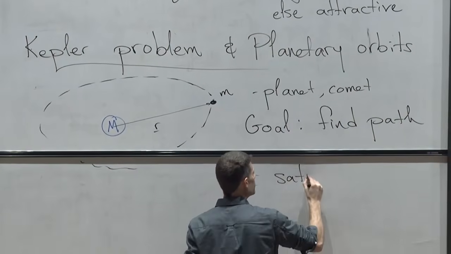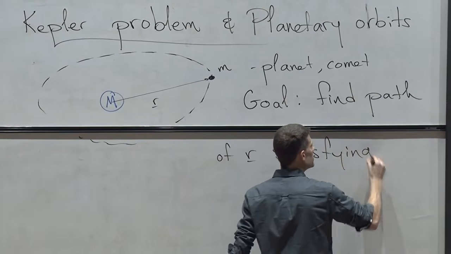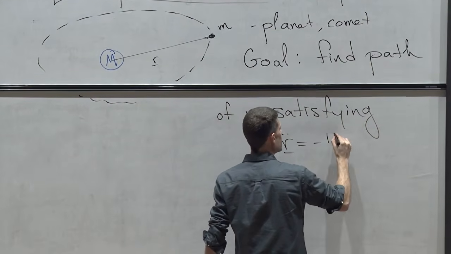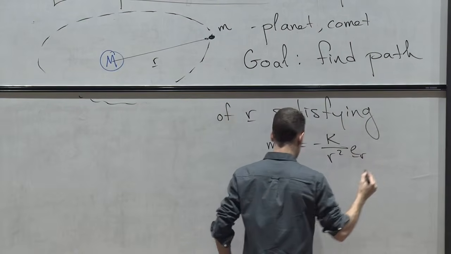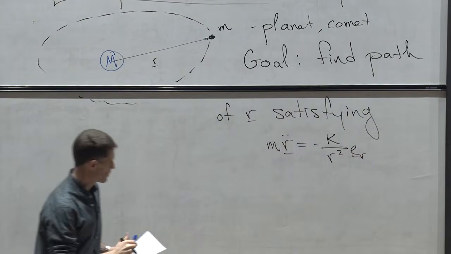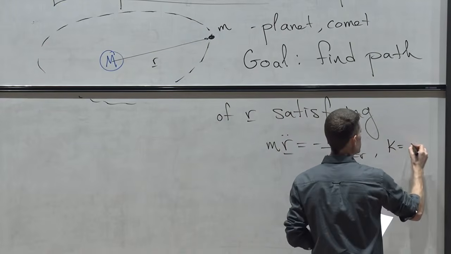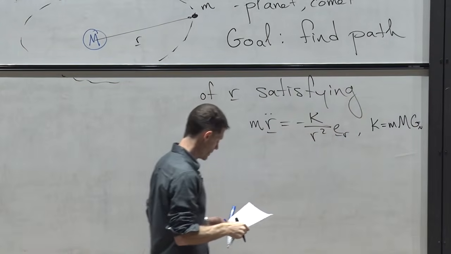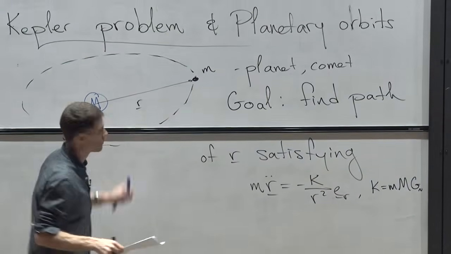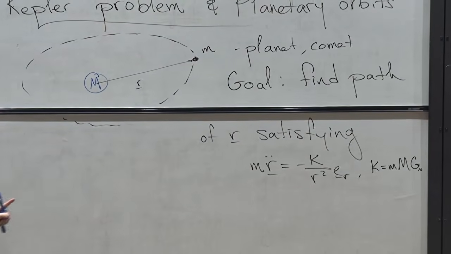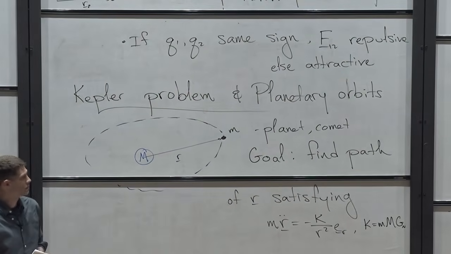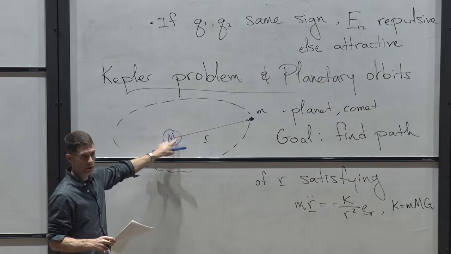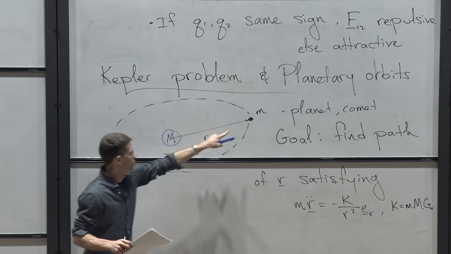R satisfying this inverse square law, where K is M, M, G, N. Okay, so I said, just to repeat, this is an approximation of the reality in various ways, but in particular that really there's an orbit that this object is doing due to the gravity of that one, but it's much, much, much smaller than the orbit that that one's doing.